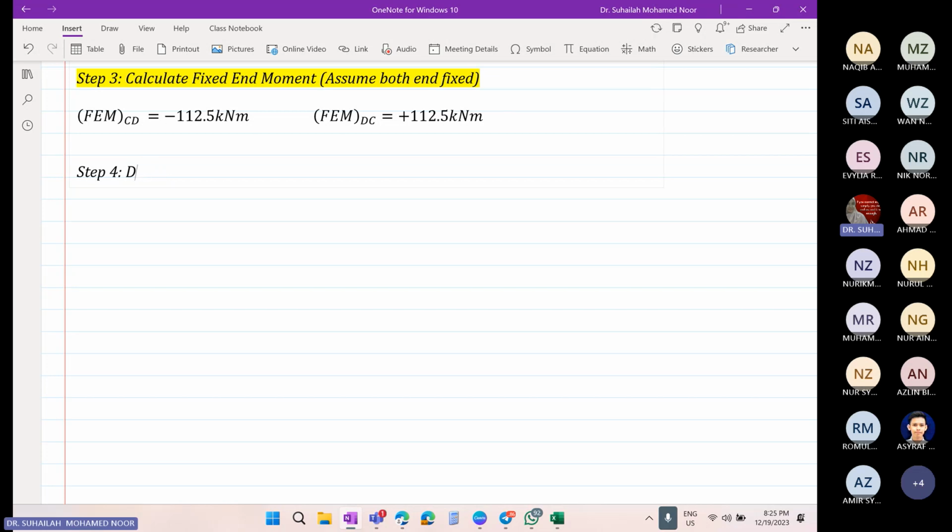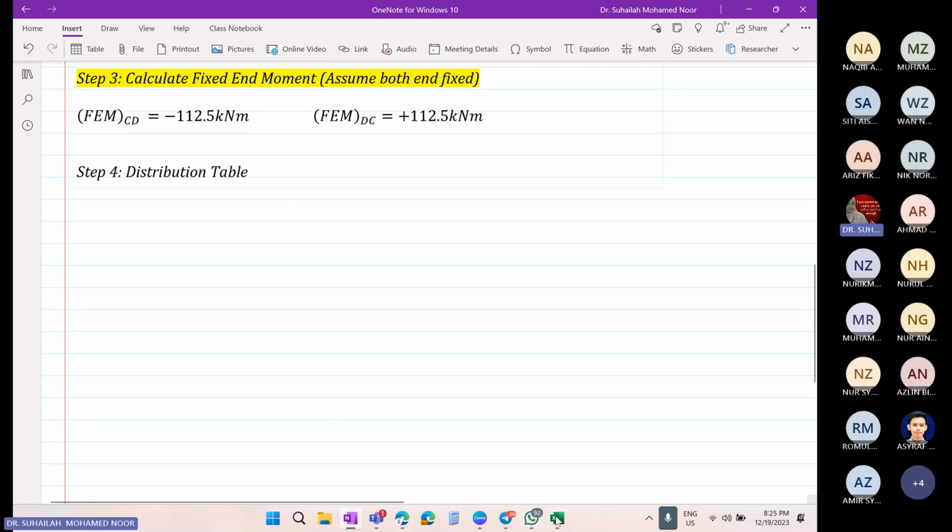This is the distribution table, where we will distribute and carry over the moment. And finally, we will total all the moments in the table, and it gives us the member end moment distribution table.